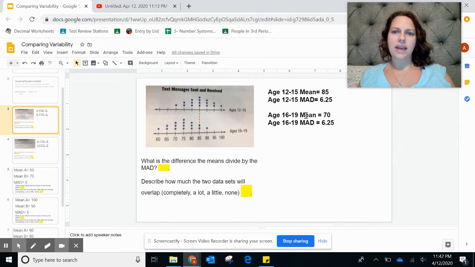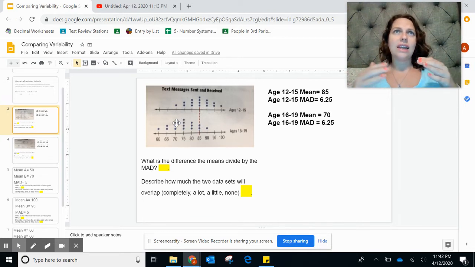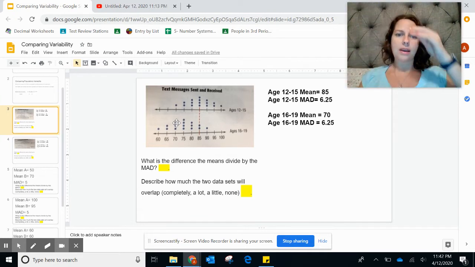And to save us some time, I already found the mean for both age groups and the MAD. Notice here that the MAD is the exact same, 6.25, 6.25. They should be. They're going to give you two sets of data that have the same MAD. And that makes sense because if this is the exact same picture as this one, just shifted, then within the data, it's varying the same amount on the top one and the bottom one.